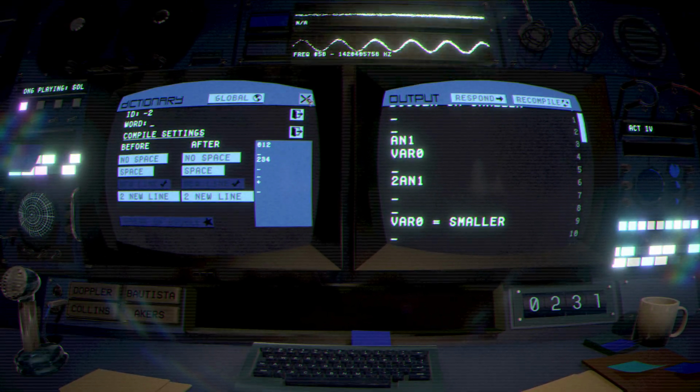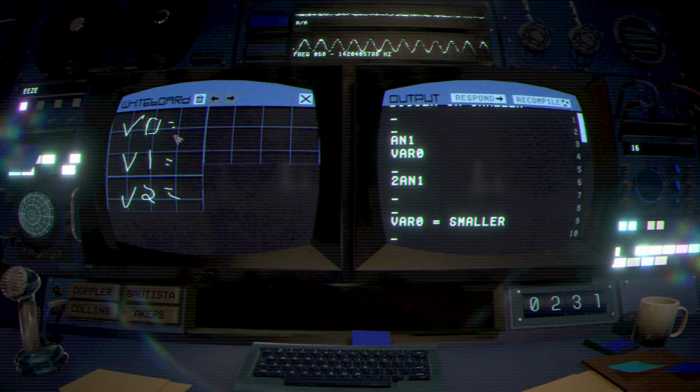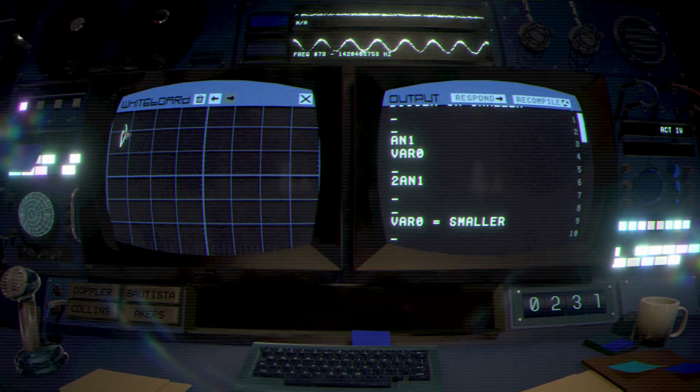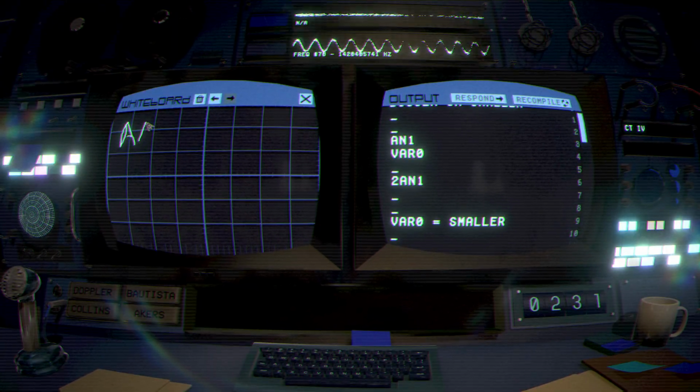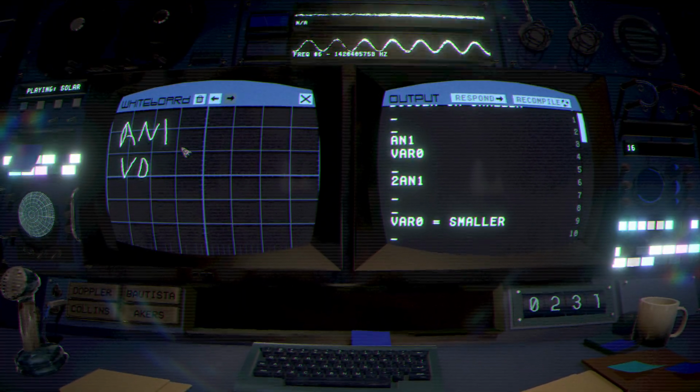Okay, wait a minute. The brain is chugging. So here's my interpretation. You're given atomic number 1 and variable 0.